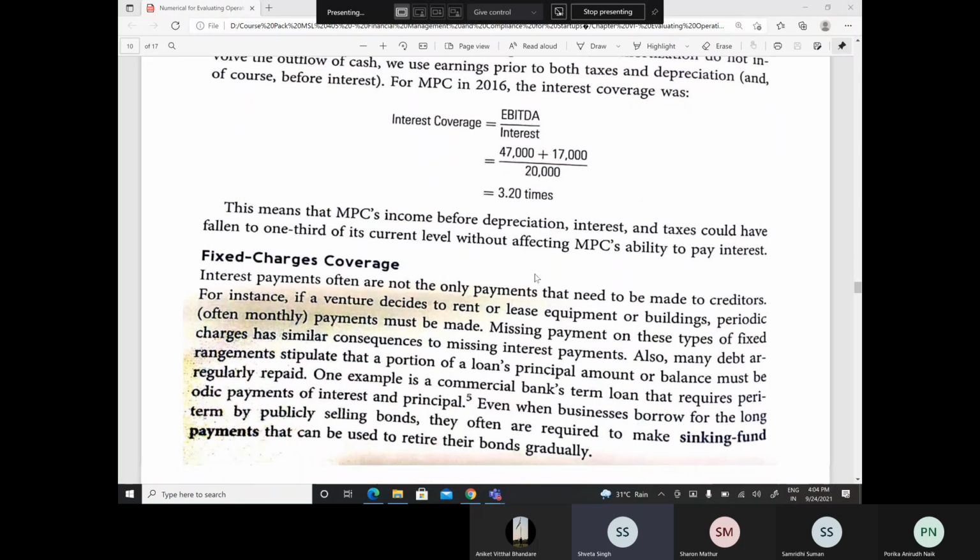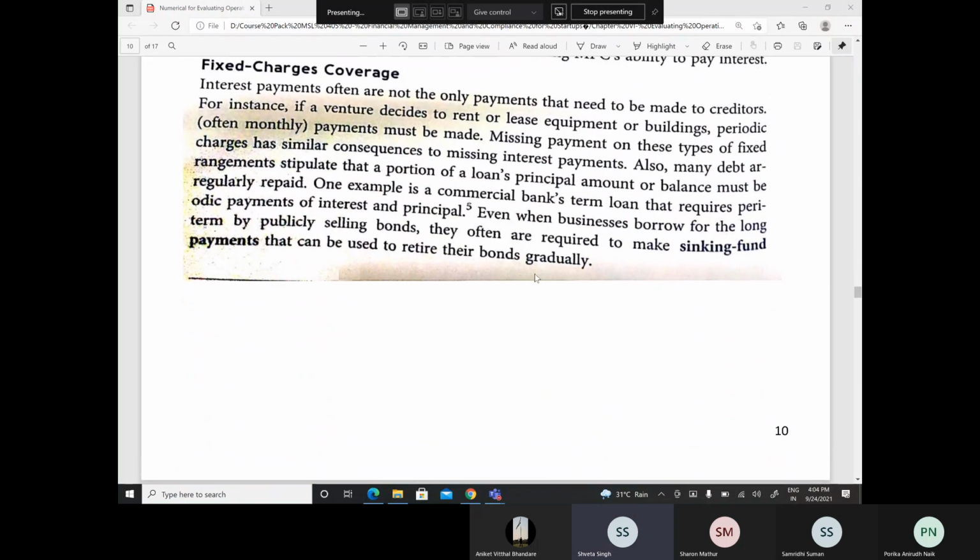Okay. The second ratio is fixed charges coverage ratio. Now, interest payments are often not the only payments that need to be made to creditors. For instance, if a venture decides to rent or lease equipment or buildings, periodic or often monthly payments must be made. Missing payment on these types of fixed charges has similar consequences to missing interest payments.